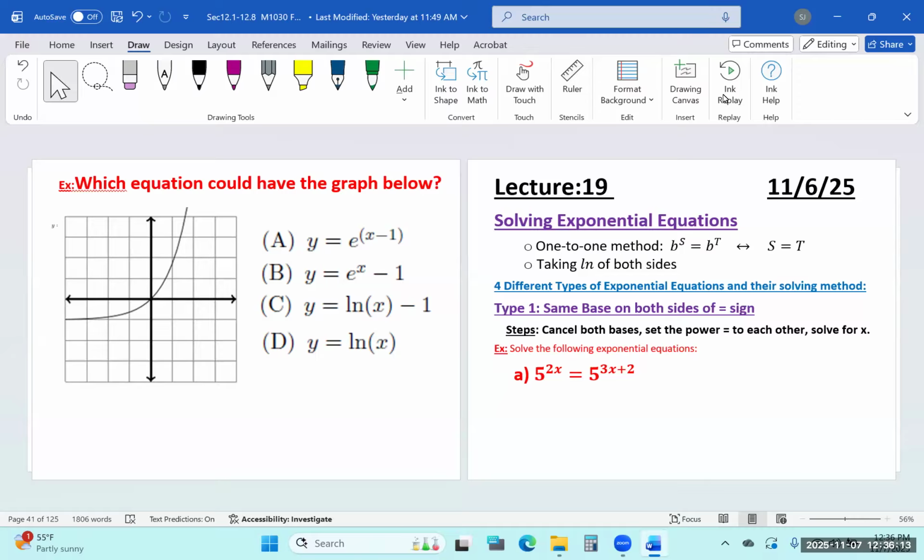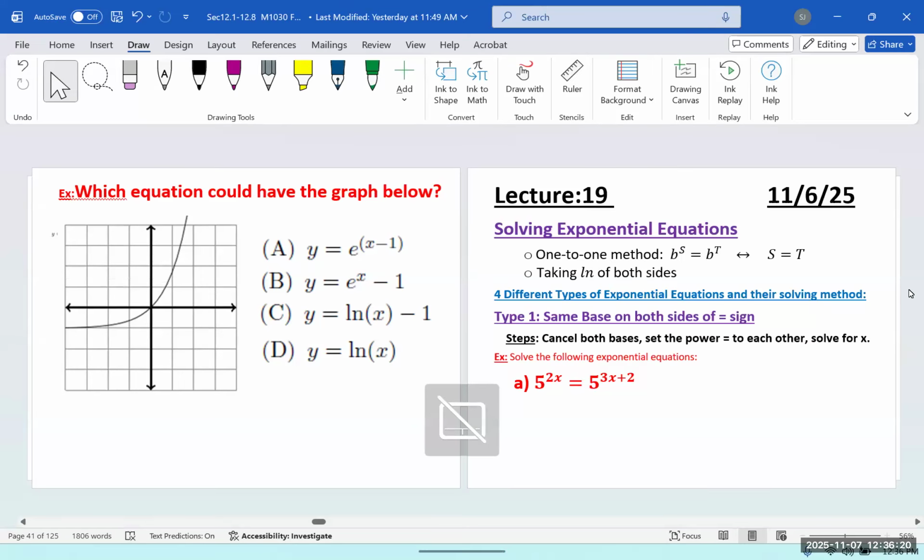Good job. Great. So if you compare the given one with the original one, the original one always goes to the y value 1.